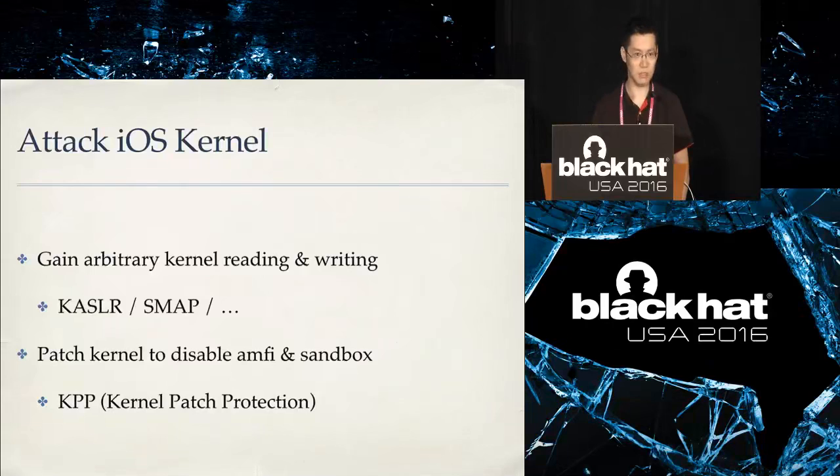And to achieve this, usually we need to defeat exploit mitigations in iOS like KASLR and SMAP. Also, there's a new challenge in iOS 9. It's the kernel patch protection. Apple added this to prevent hackers from patching their kernel. Yeah, we will see how we resolve this challenge.